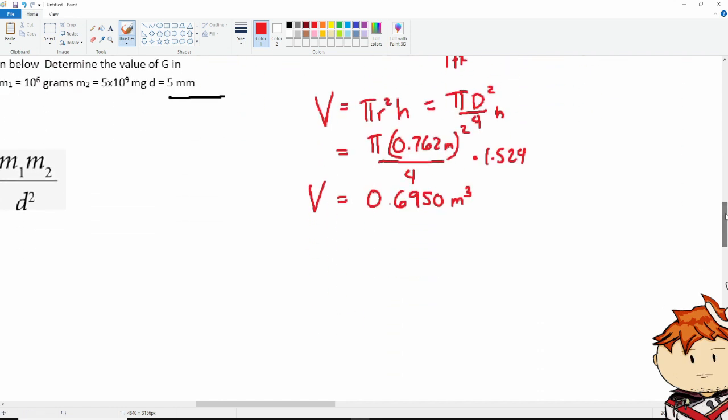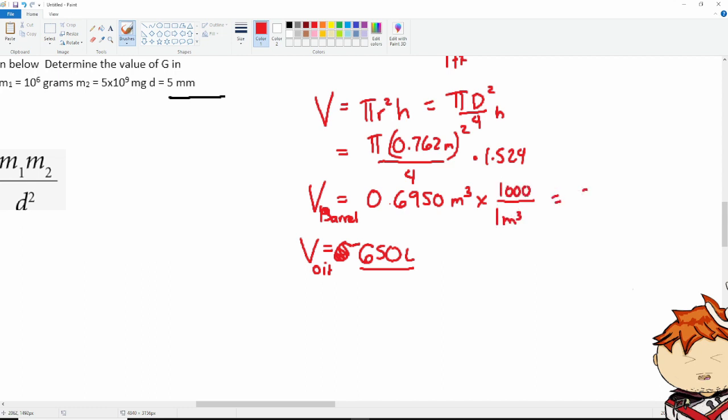And again, the volume of the oil is 650 liters. The volume of the barrel is 0.6950 cubic meters. Let's convert. 1 cubic meter is 1,000 liters, so that's 695 liters. 1 barrel, and the oil is 650 liters.